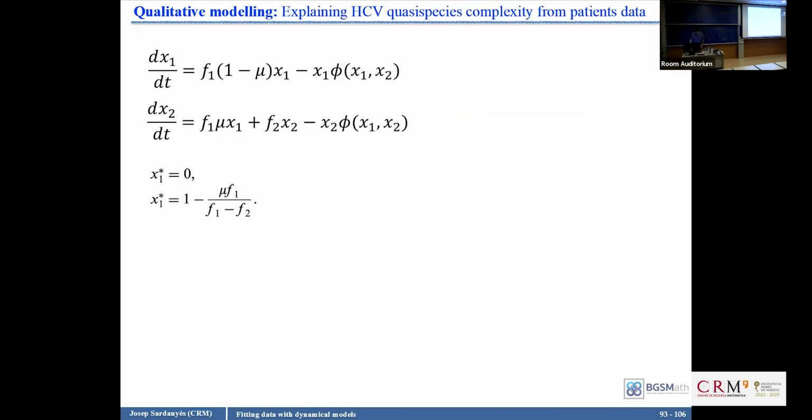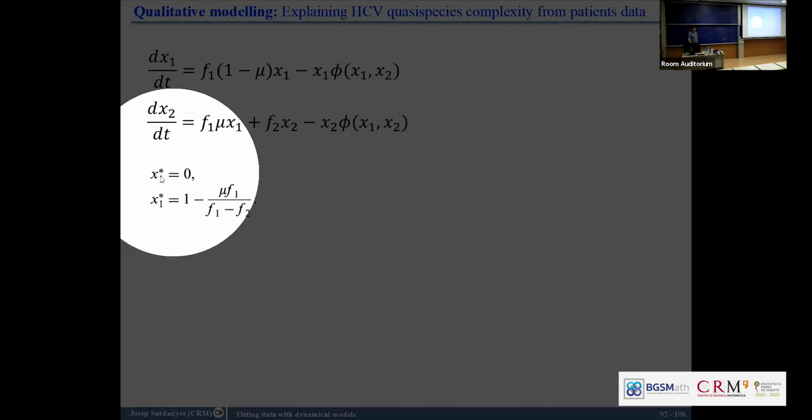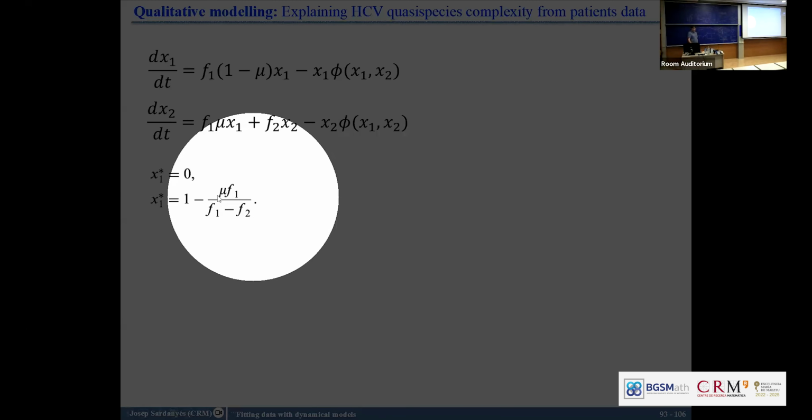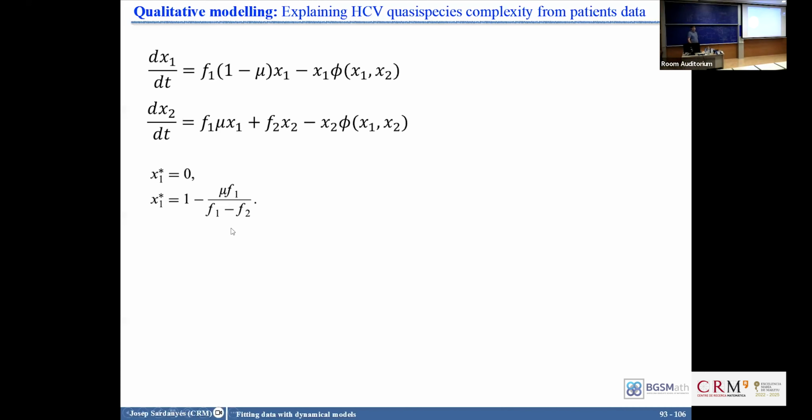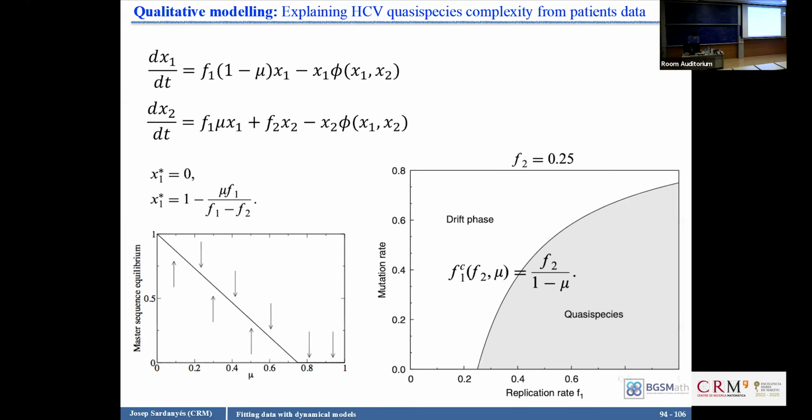Why? Because we have two equilibrium points. We have the origin and this one when we have coexistence. And this equilibrium point depends on the fitness of the master and of the mutants. So I can achieve the error threshold by tuning the replication. And in our patient samples, we assume that mutation was the same. So our conjecture was in these patients, the virus is replicating differently. And this is why we see these patterns. Okay. So this is the model.